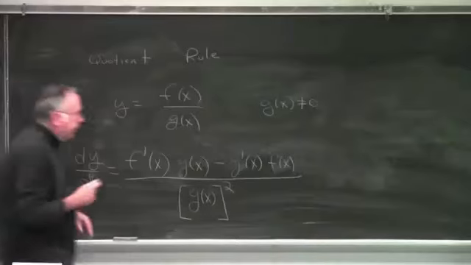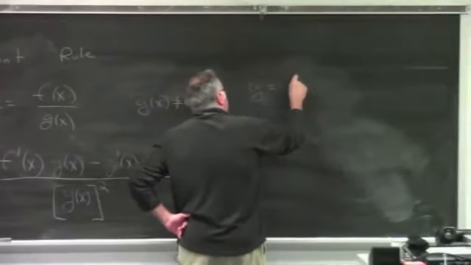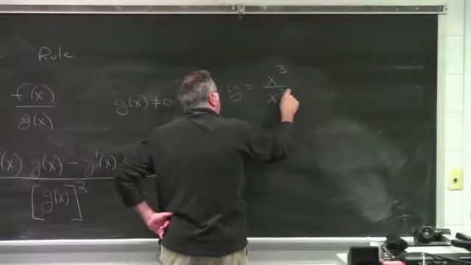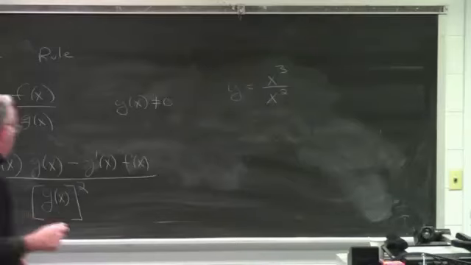Suppose we have something like this. y is equal to x cubed divided by x squared. Well, obviously, we could simplify that expression to what? Yeah, y is just equal to x because you just divide through by x squared, and you just get y equals x.